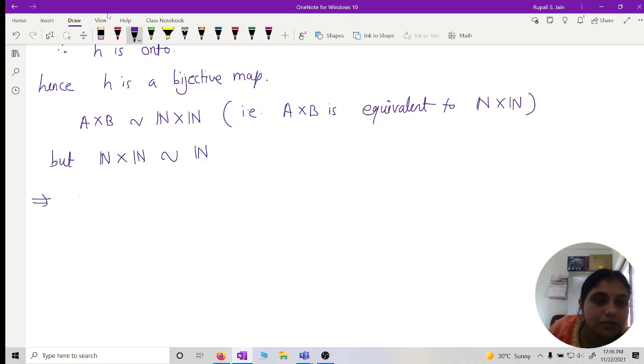So this implies A cross B is equivalent to N, by transitivity.